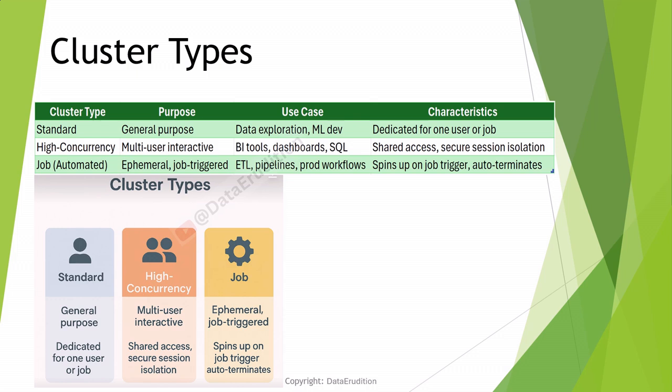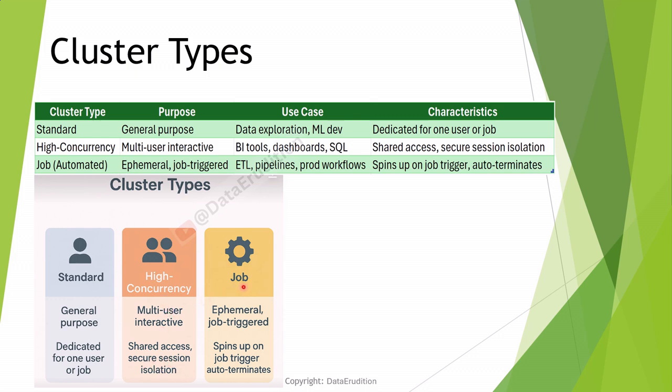If you see here, in this detail you will see the purpose, use cases, and characteristics, right? Standard is general purpose because it is dedicated to one user or job. Multiple users interact with the high concurrency cluster, which is shared access, and a secure session because it is isolated, right?